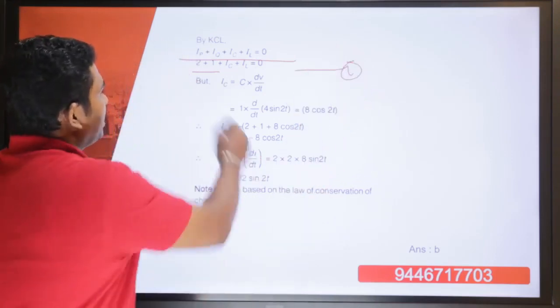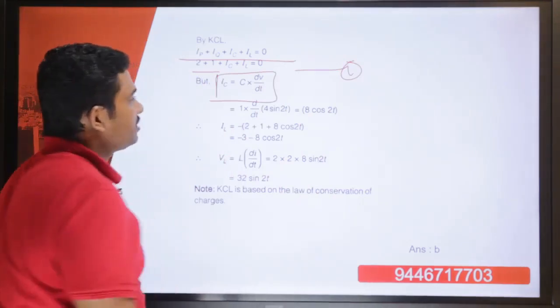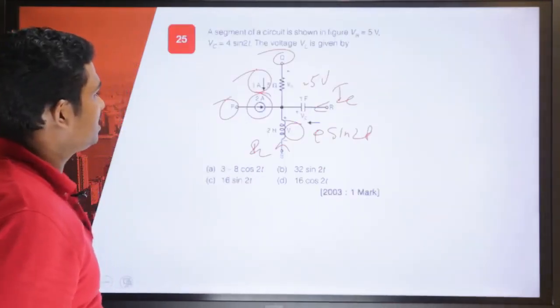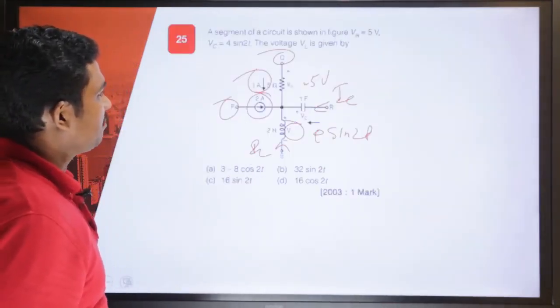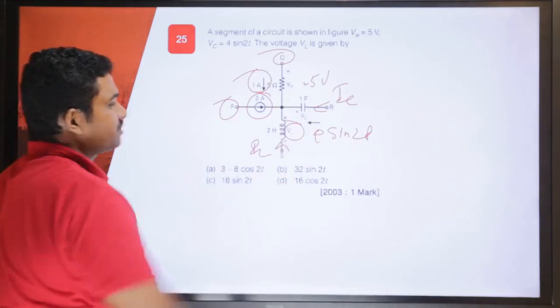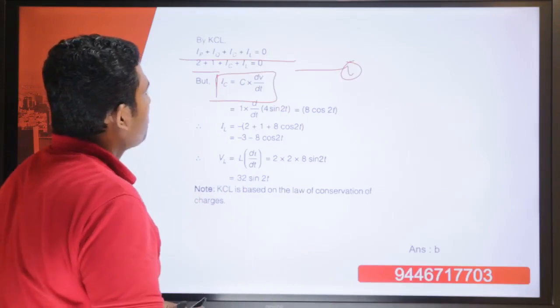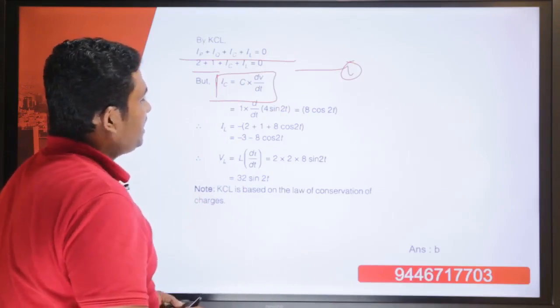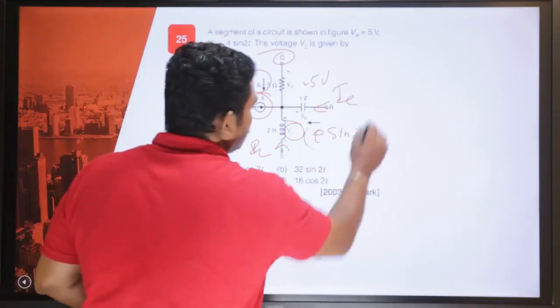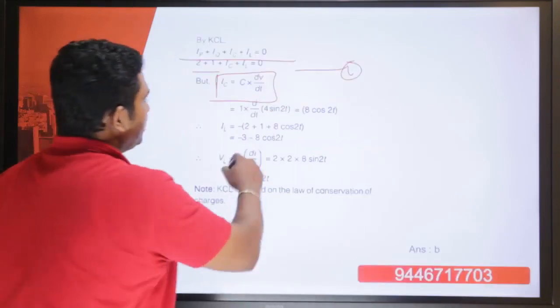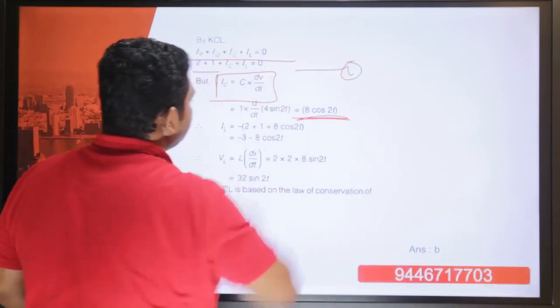We can also make an equation for IC, as IC is equal to C dV by dt, because it is a capacitance. V is given as 4 sin 2t, so we can differentiate it and get the value of IC.